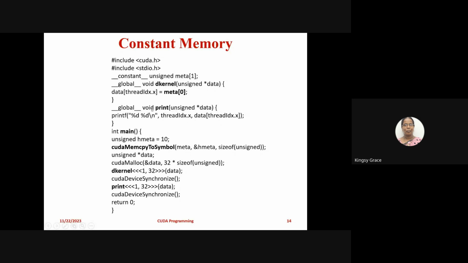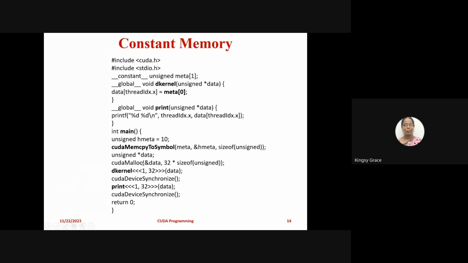That will be printed with the help of another kernel function. Then another unsigned variable is used there in the main function, allocating the space in GPU.